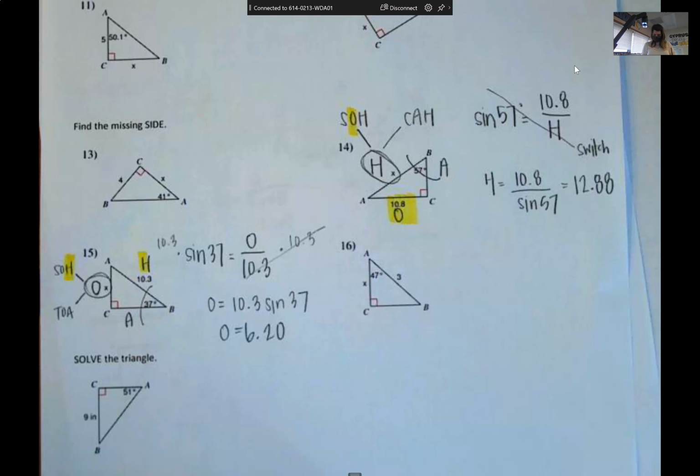Uh-oh. I'm getting a negative number. Did anybody else? Let's go roughly 20.